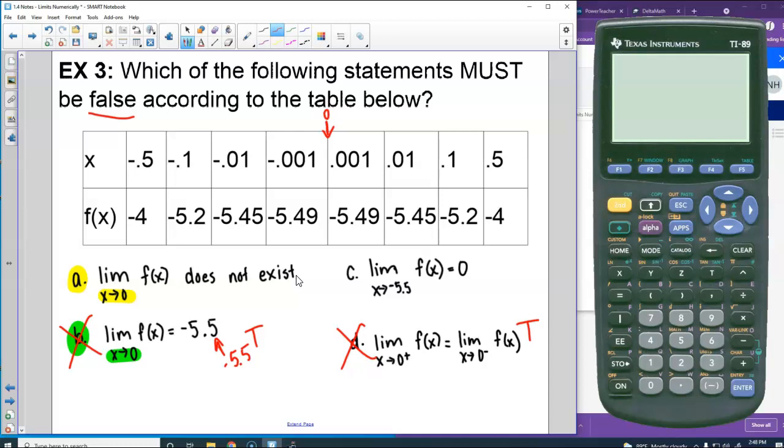Yeah, like a U. Yeah, it could. There could be some sort of crazy asymptote that happens here. It's unlikely, but it could happen. I think that I've messed this one up too. There's a possibility. I think I meant that to be negative 0.5 instead of negative 5.5, but I could be wrong.